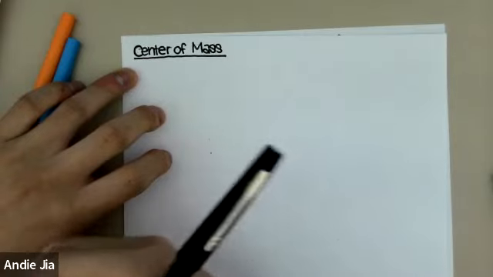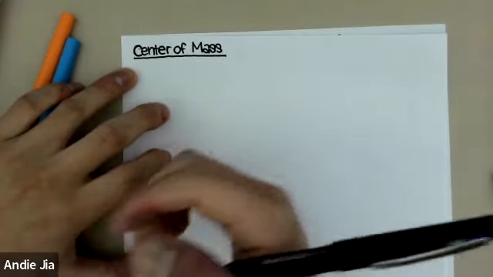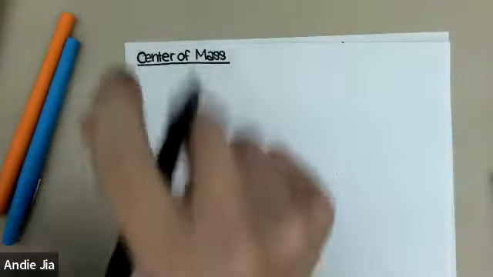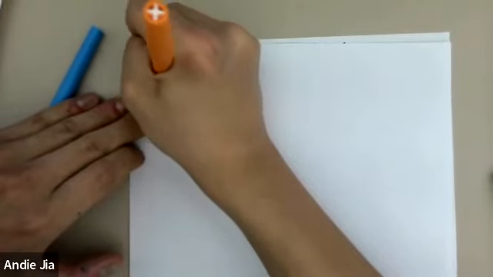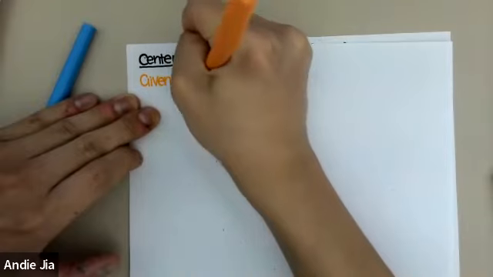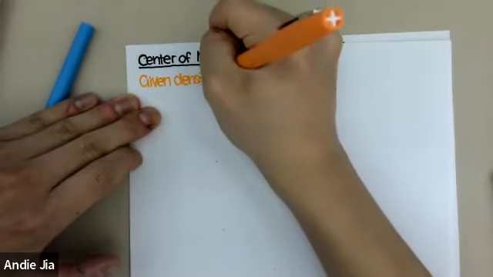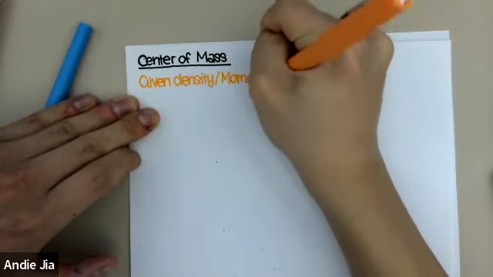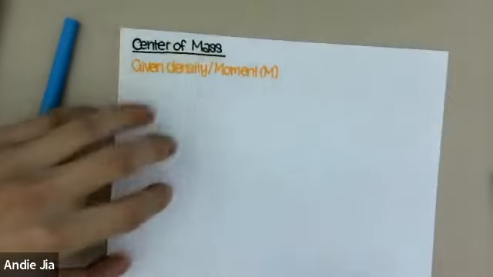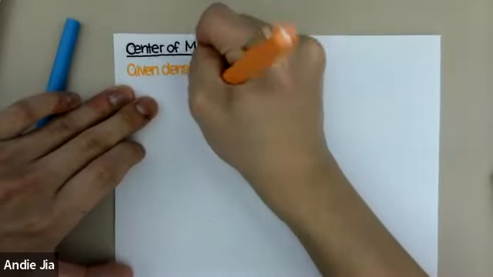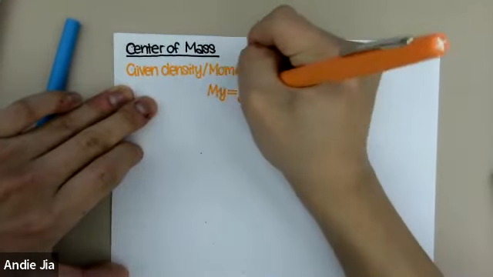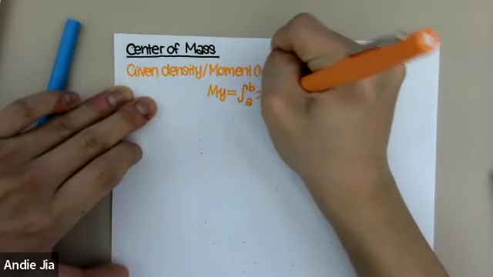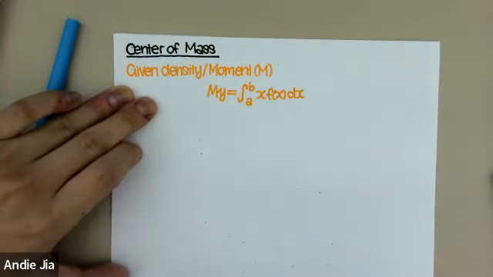If you're given the density, like the moment, call it M, then My is the integral from A to B of x f of x dx, but you're given the M of x.